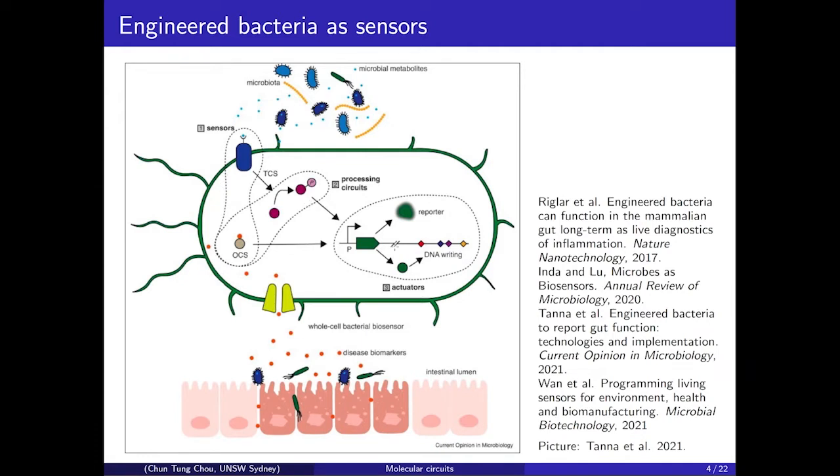After this sequence of reactions, the ultimate product, if they are these biomarkers, is a molecule that we will refer to as the reporter. The reporter tells us, yes, there are these biomarkers, and so the gut has inflammatory problems. If there are no biomarkers, then the gut doesn't have that problem. So this is an example of using cells or a bacterium as sensors.